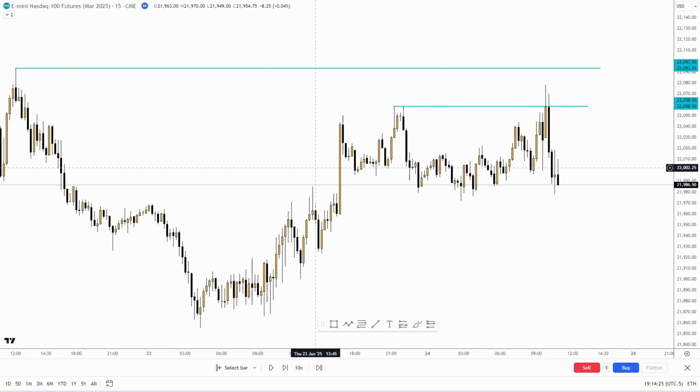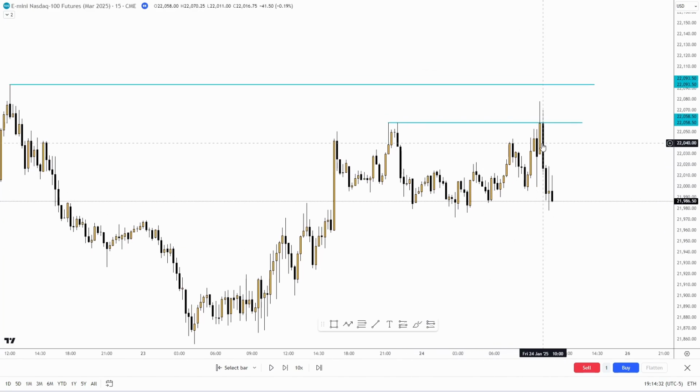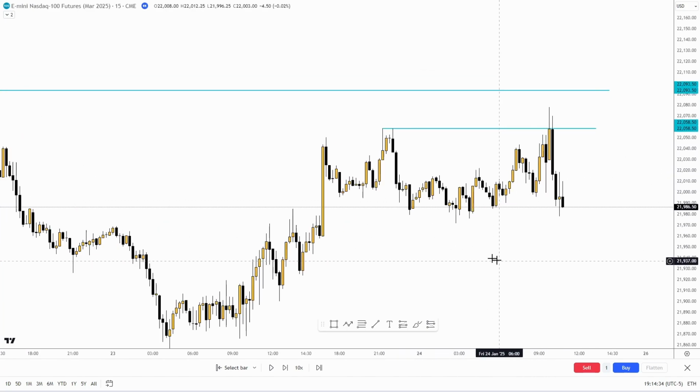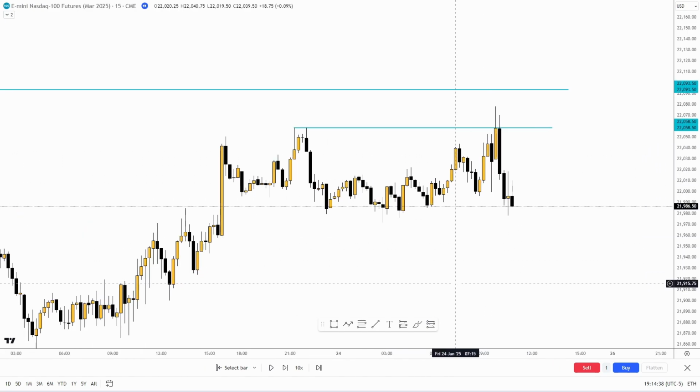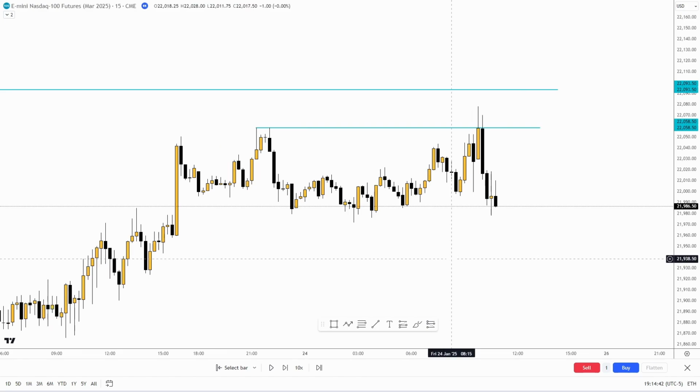So you'll notice inside of this range that occurred from midnight to about New York Open here at 9:30, that we had bullish structure internally, right? On our 15-minute time frame, this is what we use in the bullpen, right? For major structure shifts.